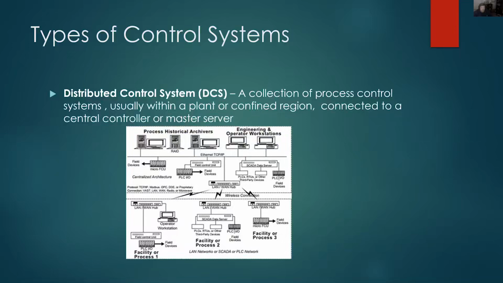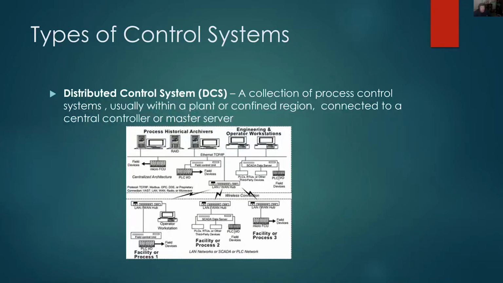And that's usually a Windows domain that is used to control a number of separate process control systems. So you start building on top of your systems and it gets complicated.